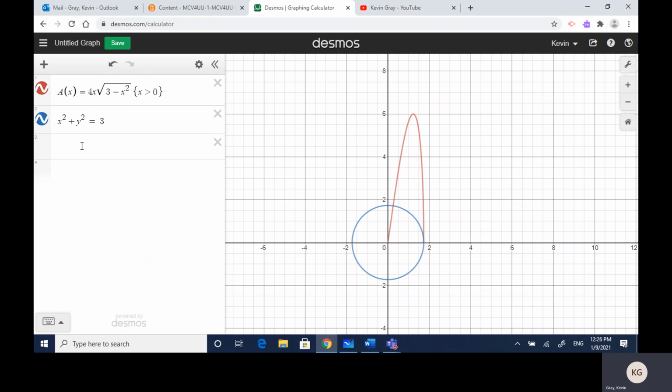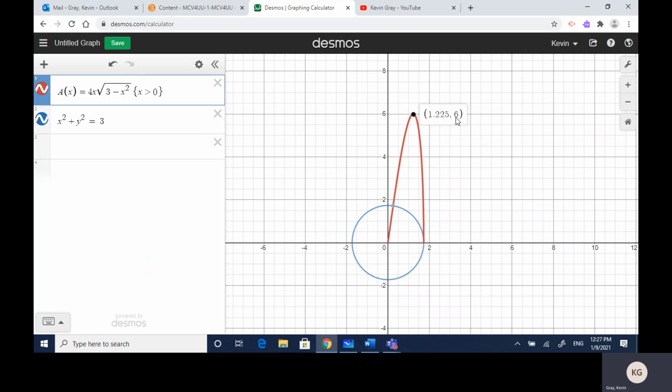And then I put in the circle as well too. So the point I'm trying to find here is this one, right here, where there's a flat tangent line, right? So that's the maximum, the peak of this area function is the maximum area.